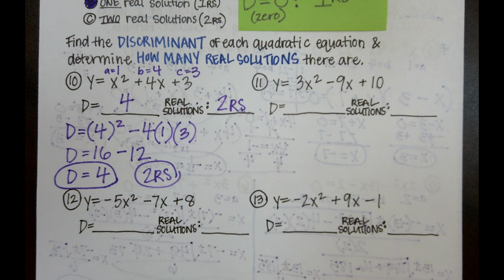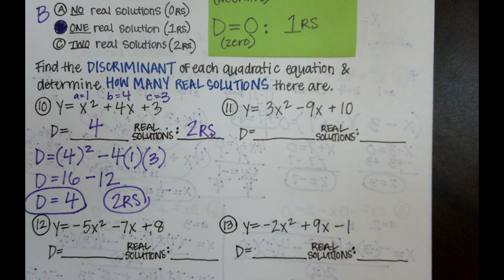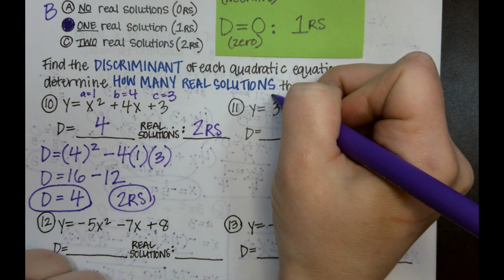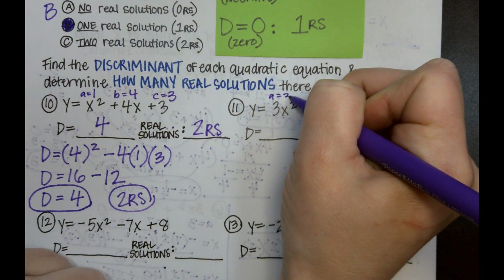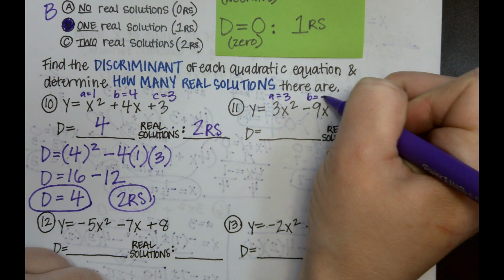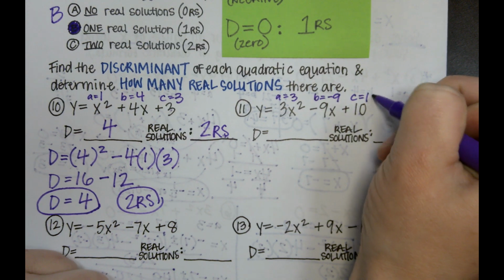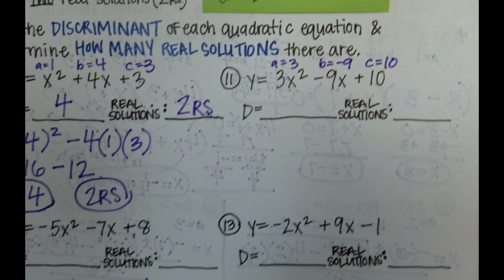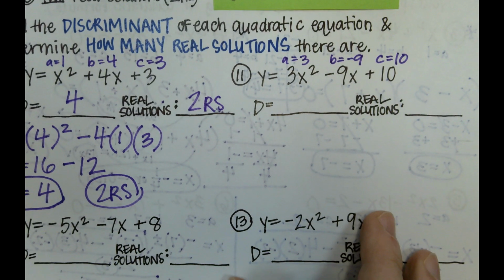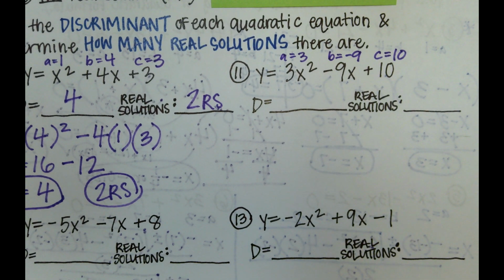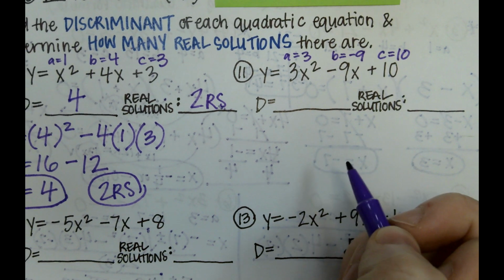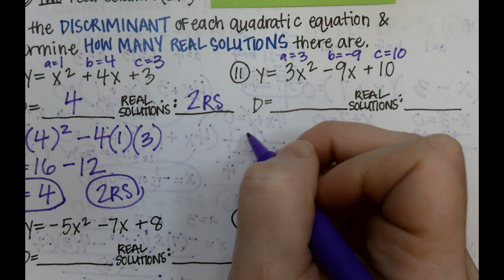So, for number 11, let's identify A, B, and C. What's our A? 3. What's our B? Negative 9. Good. And our C? 10. Okay, let me zoom in a little. So what do we do?